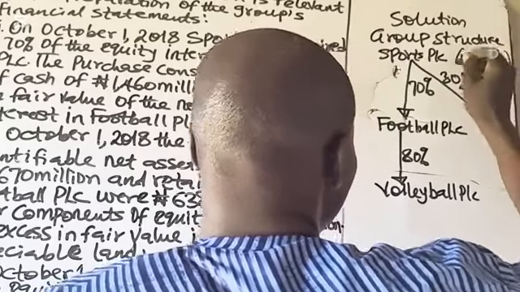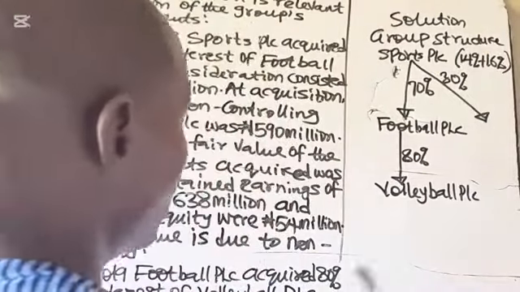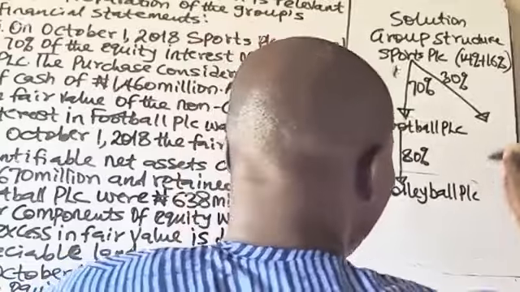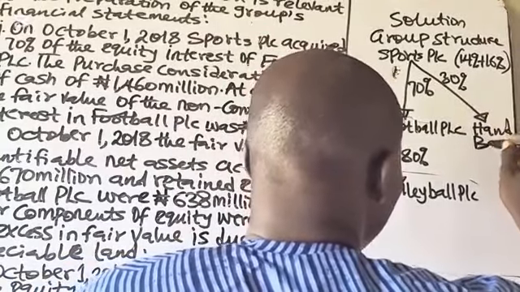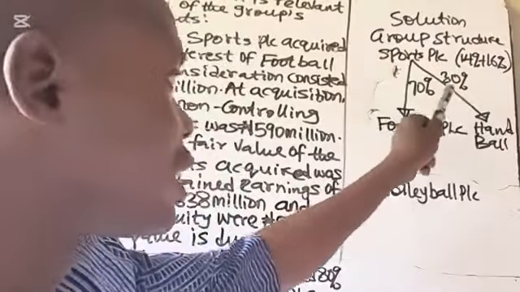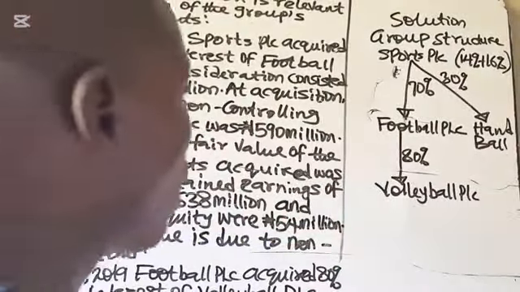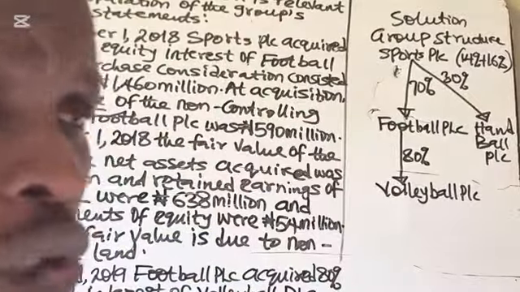That information is found in additional information number 4. Now we draw the group structure.